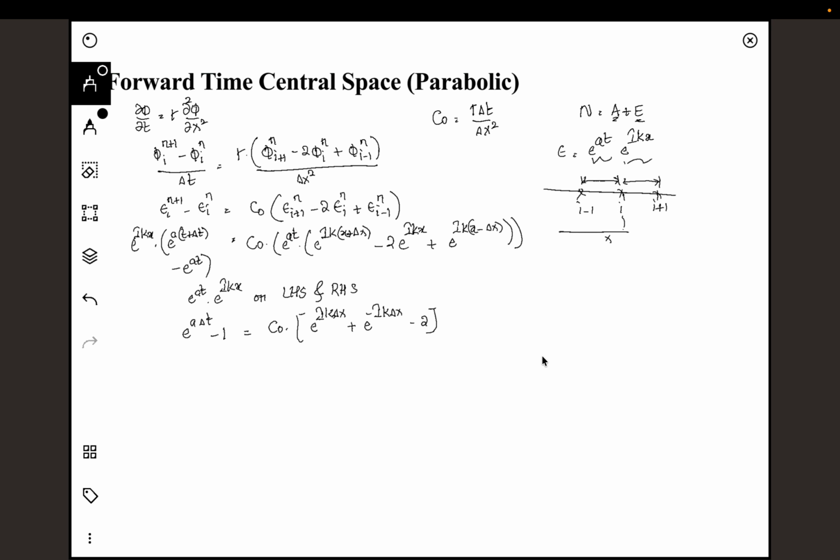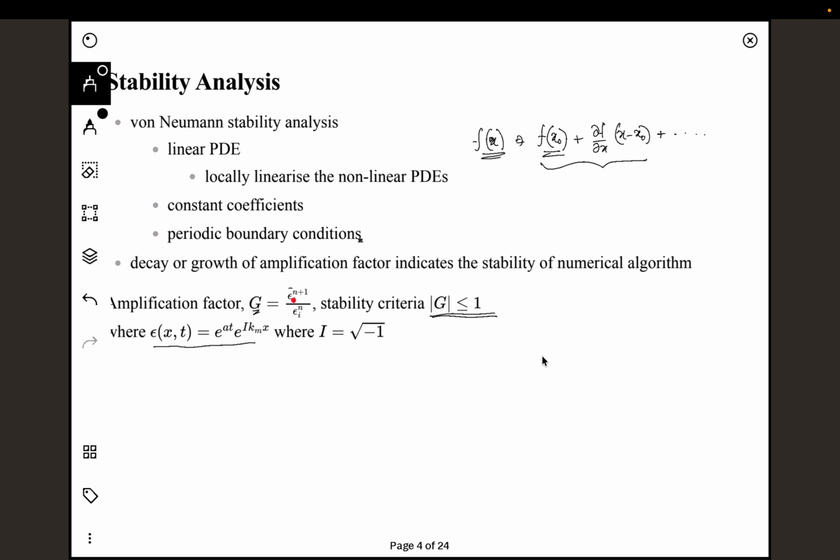So what I have shown here is the amplification factor, epsilon i n plus 1 by epsilon i n. This is basically e power a times delta t, since we have a t plus delta t term and a t term here.